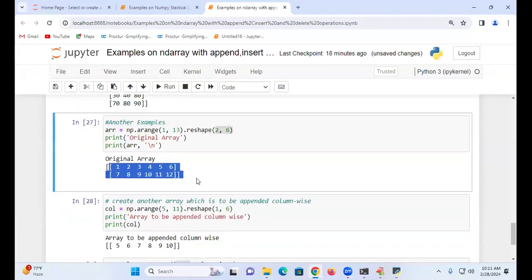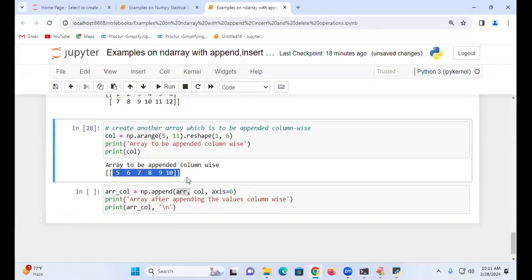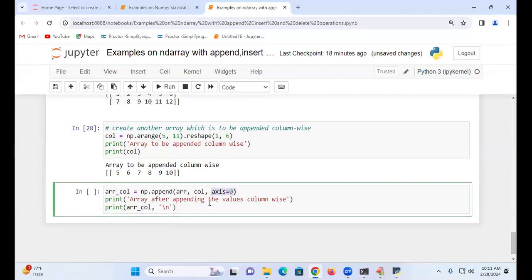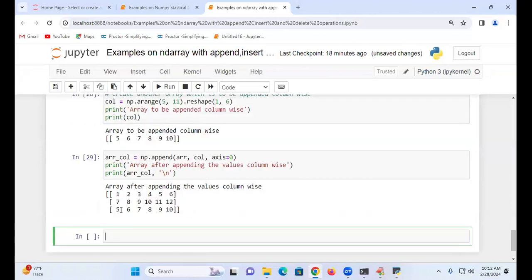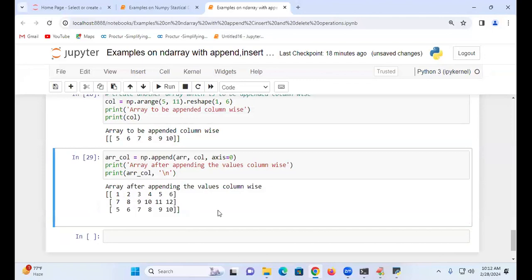This one is ARR. This is called a column value. And this is done. Axis is equal to what? 0. Axis equal to 0 means, according to my explanation, a row. So see this data. It is going to be printed, appending in the last. Are you following? Yes. Able to get it?